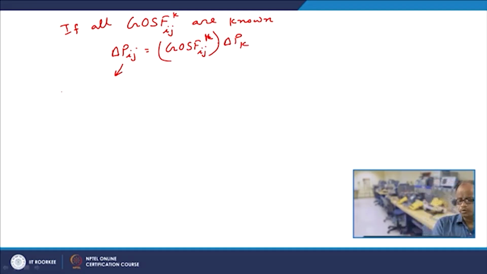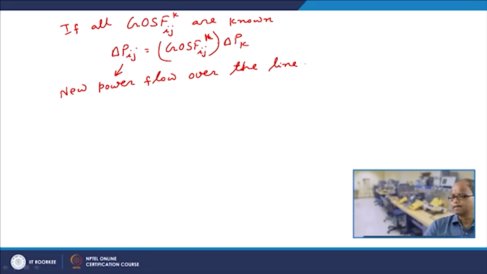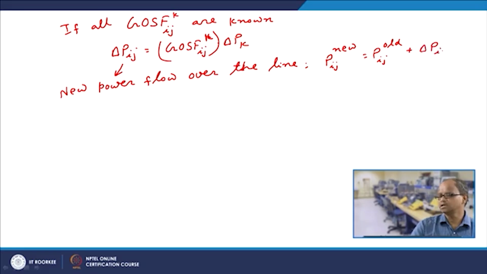So, what would be the new power flow over the line? That is P Ij new, which is equal to P Ij old plus delta P Ij.